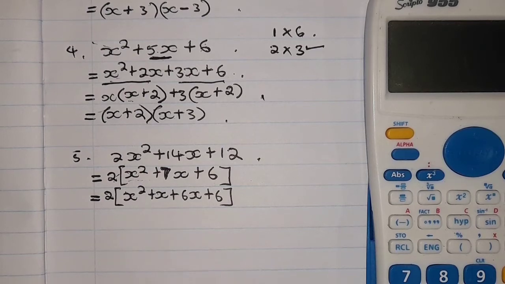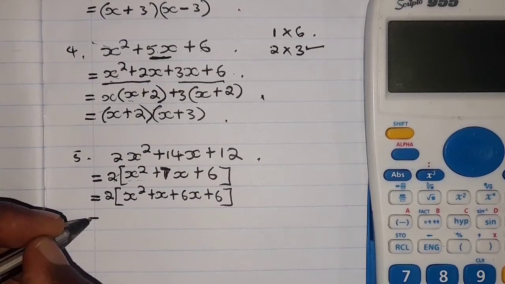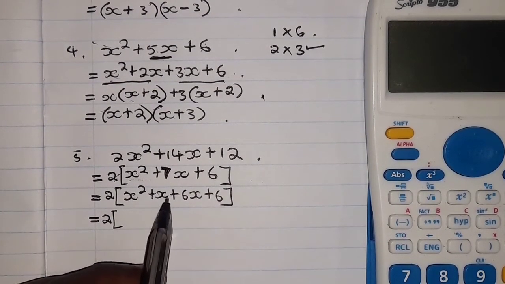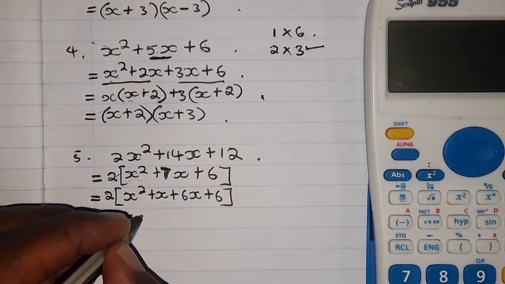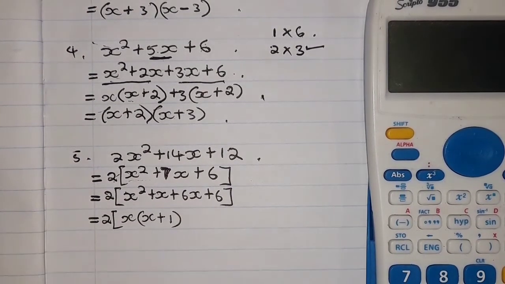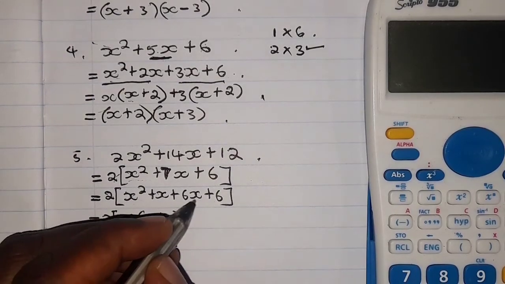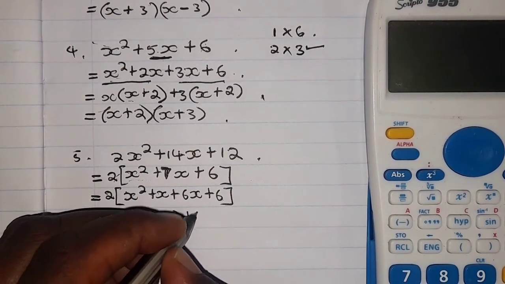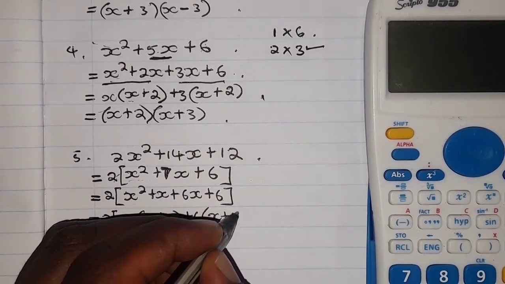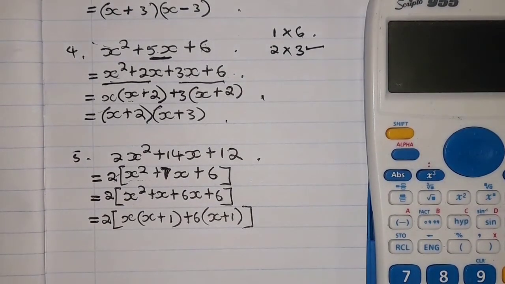Remember, 1 and 6, when we multiply them, they give us a 6. All right. This is equal to 2 bracket. From these 2, we factor out x, so we have x plus 1. And then from these 2, we factor out a positive 6. We are left with x plus 1 inside the bracket.